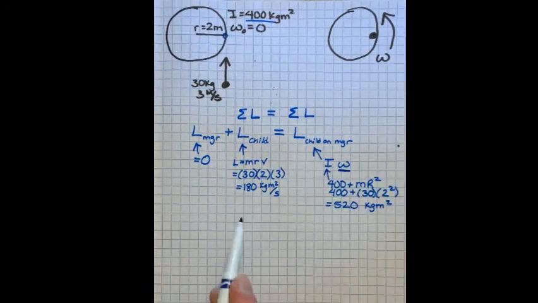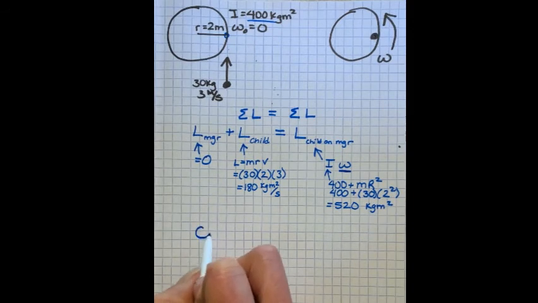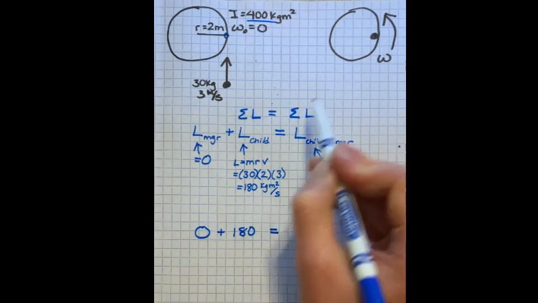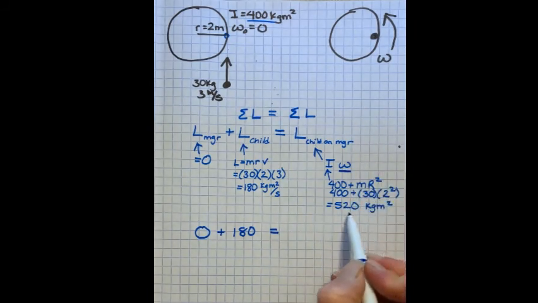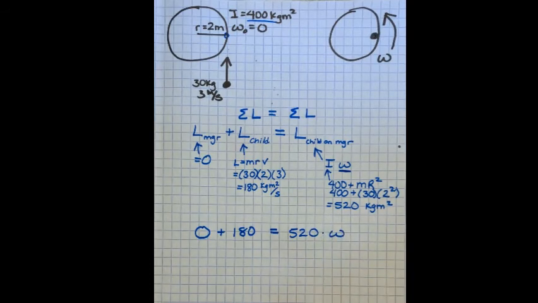Okay, so let's put this all together into an equation. The initial angular momentum over here is 0 plus 180, and the angular momentum over here is the inertia 520 multiplied by that final angular velocity that we want to solve for.